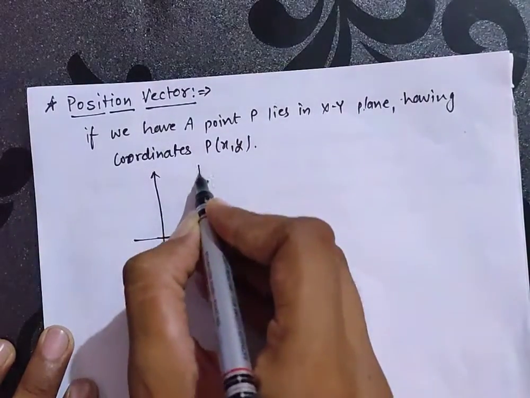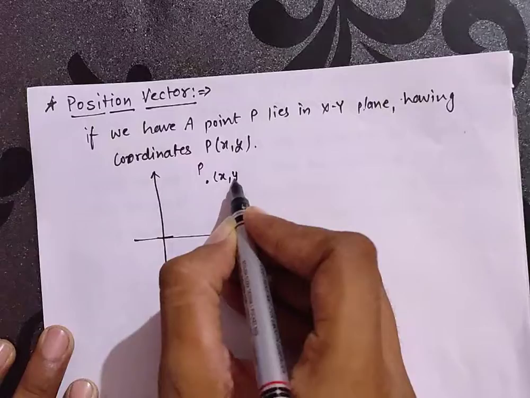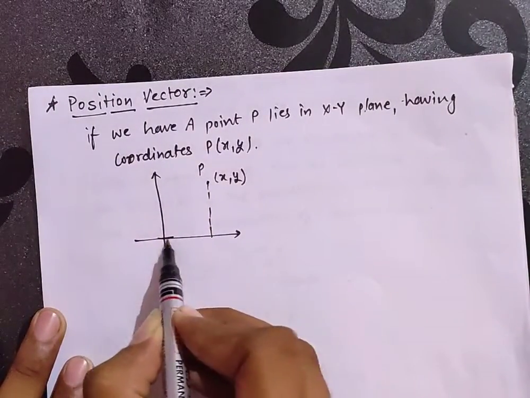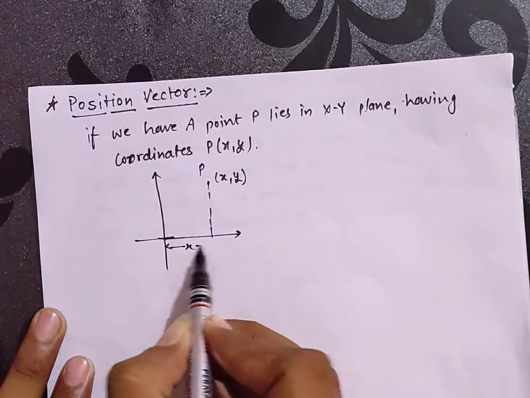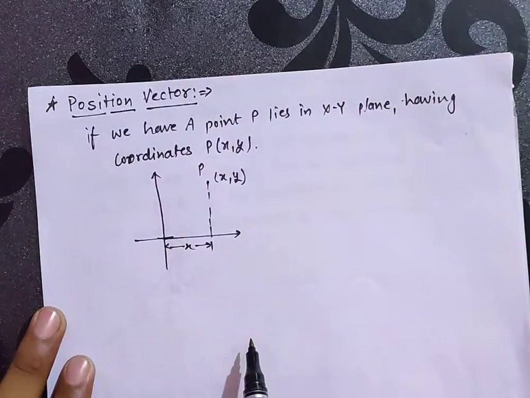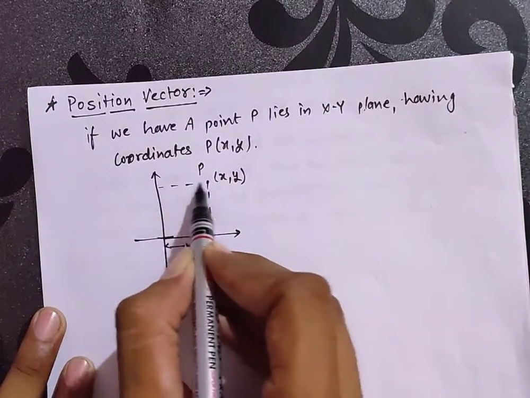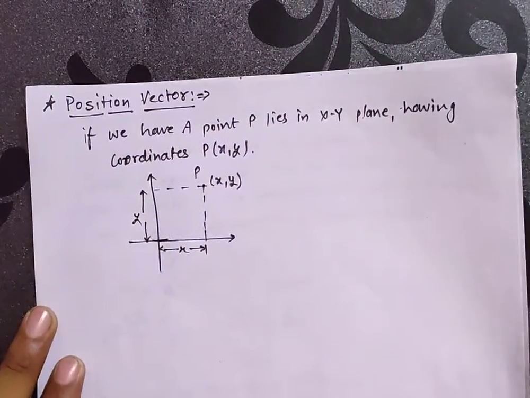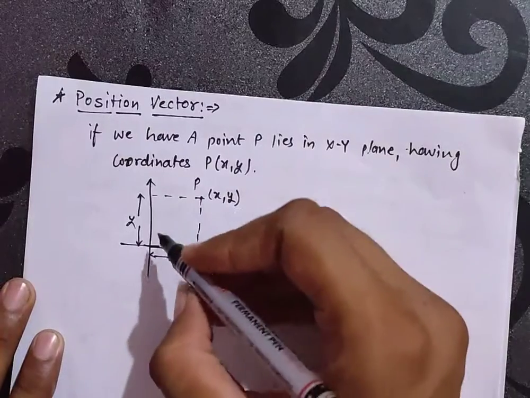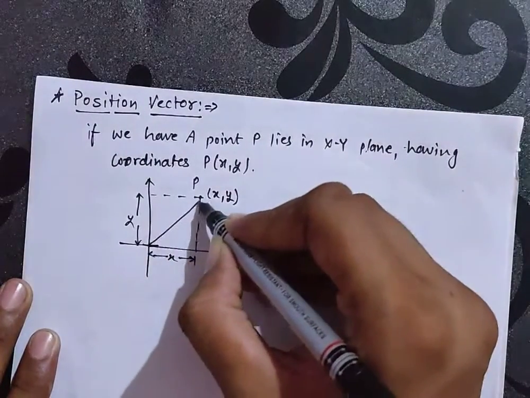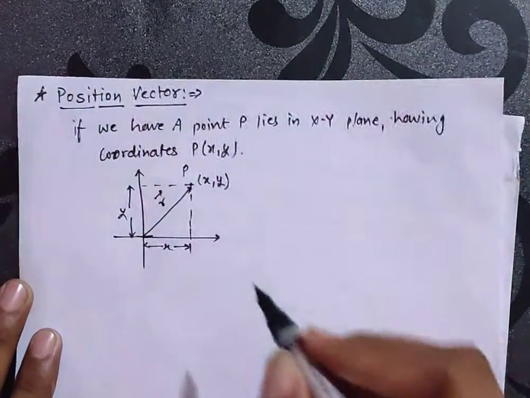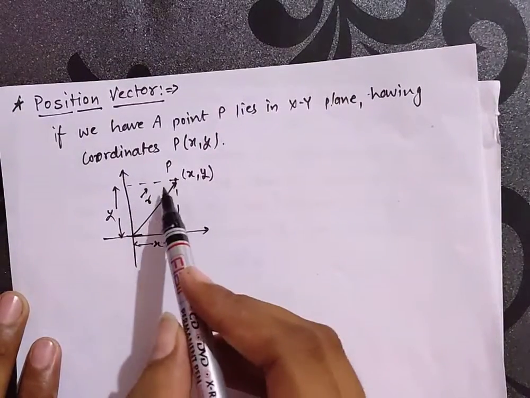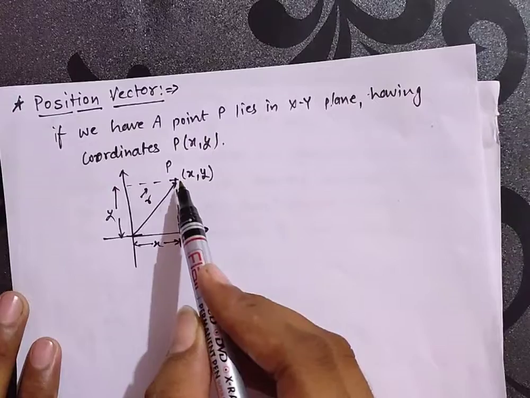Suppose a point P lies here having coordinates x and y. This distance from the origin is x and this distance from the origin is y. So this distance r from the origin is represented as the position vector for this point P.